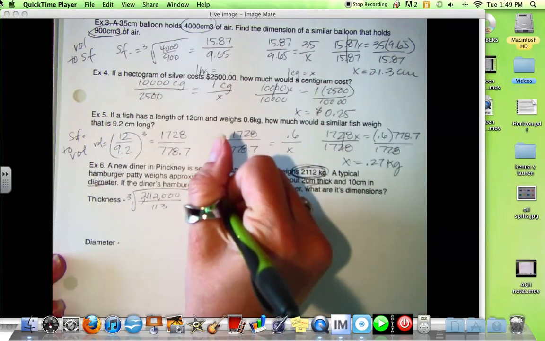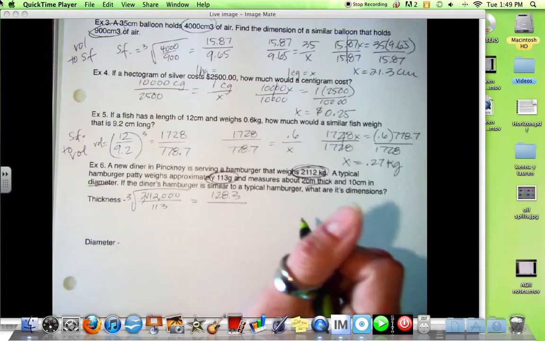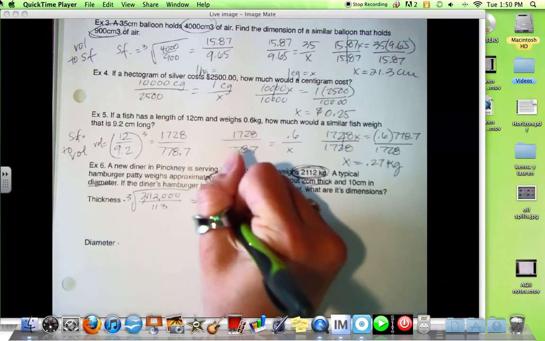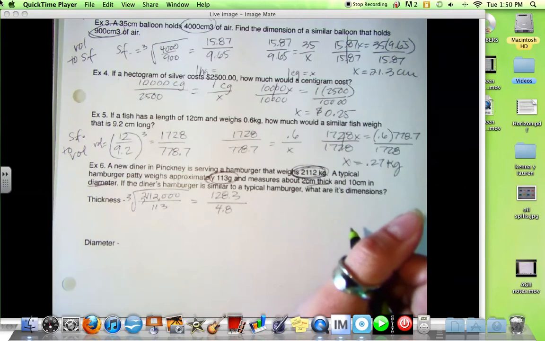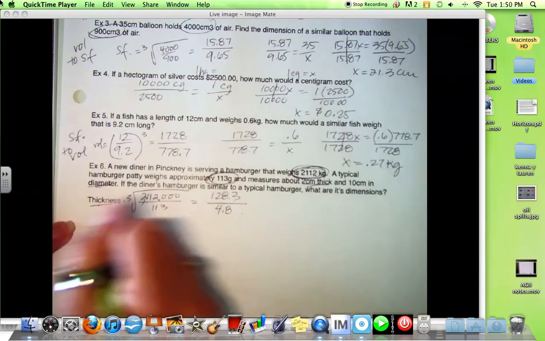Say that again. 128. Cube root of 113. 4.8. Alright, so I'm going to use this and do what? Alright, I need to find thickness and diameter.